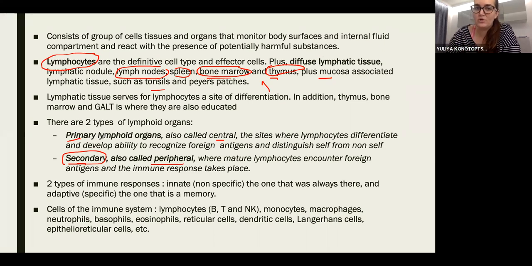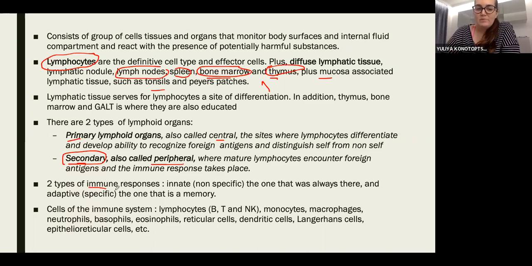This is where they learn how to be a lymphocyte, what to do, and so on. Secondary lymphoid organs are the time to apply your knowledge. Whatever you have learned in the bone marrow and thymus, now is the time to apply it, to detect an antigen, kill it, and so on. I hope that is clear.